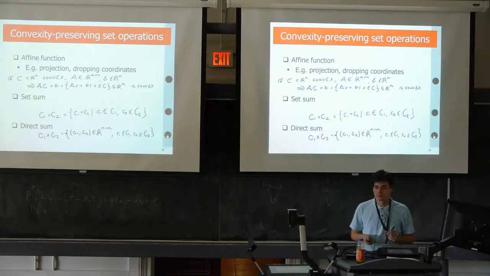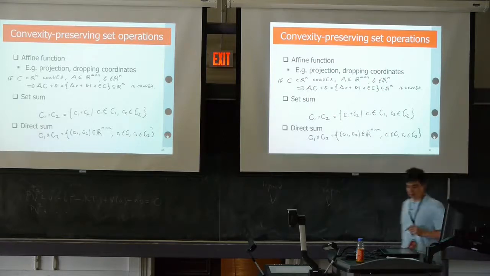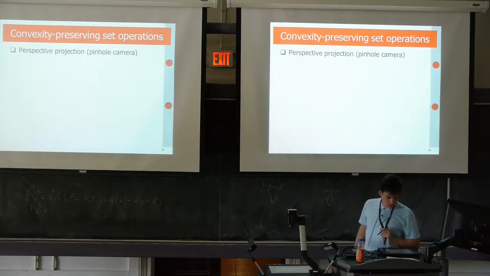Okay. Questions? Set sum only makes sense in the context when C1 and C2 are of the same dimension. Yes, in set sum they are in the same dimension, yes. But the direct sum they can be different. Other questions?